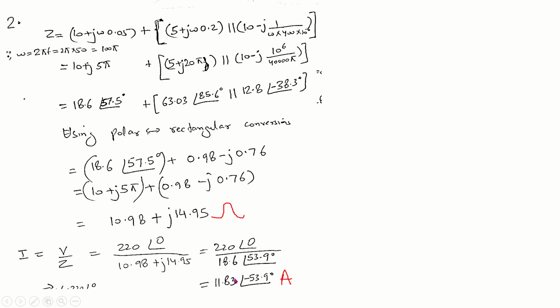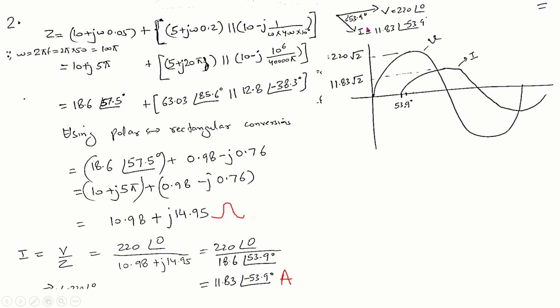Now to obtain the waveform for this, we'll refer to the phasor diagram. V of 220 angle 0 will be taken as reference, and we obtain the current as 11.83 angle minus 53.9. So the phasor for the current will be lagging the voltage by an angle of 53.9 degrees. For the waveform, since voltage is the reference wave, it will be starting from 0.